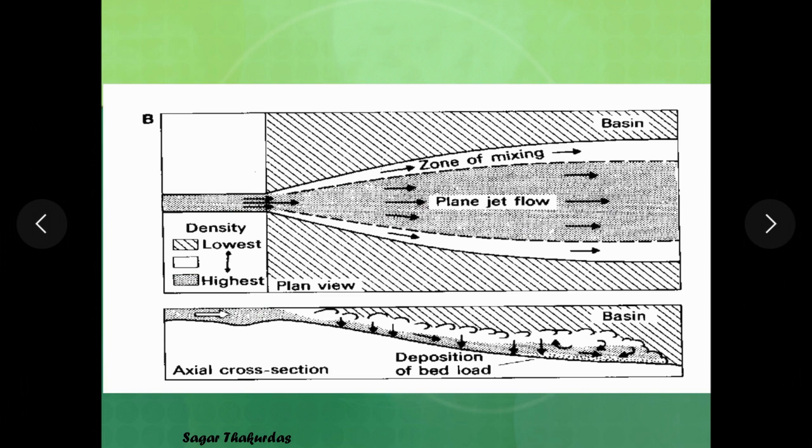Now the second situation is, you can see here carefully how is the density difference. Now here the density of water carried by the river is more than the density of standing body of water.